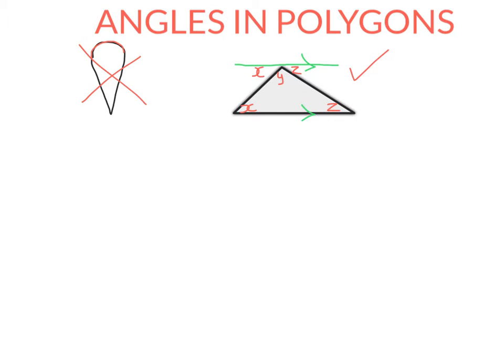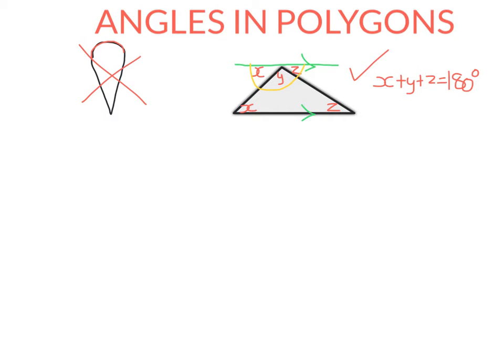Now, we know that the angle in a straight line is always 180 degrees. So we have X plus Y plus Z equals 180 degrees. The angles inside a triangle are the same as the angles that make up a straight line.